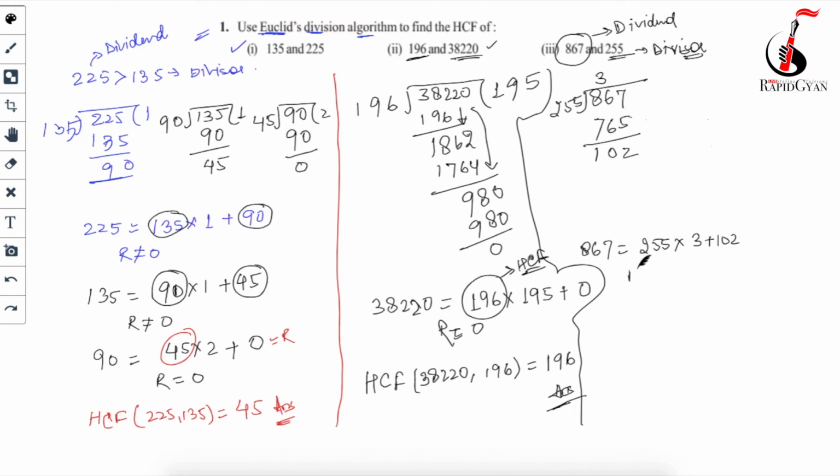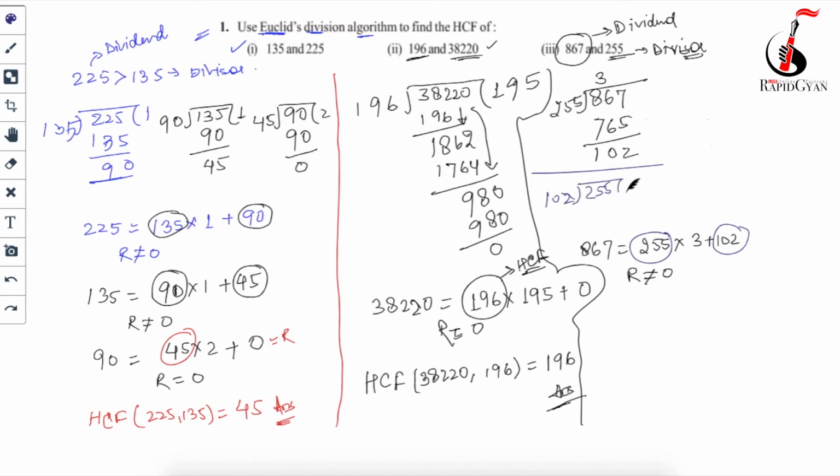Now you can see that my remainder is not equal to 0. When my remainder is not equal to 0, this 255 will become your new dividend, and 102 will become your new divisor. So I will divide over here 255 divided by 102.